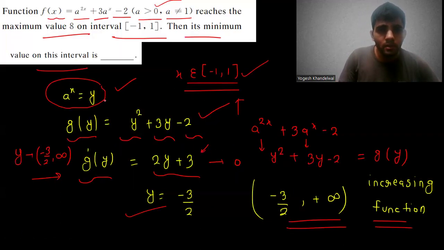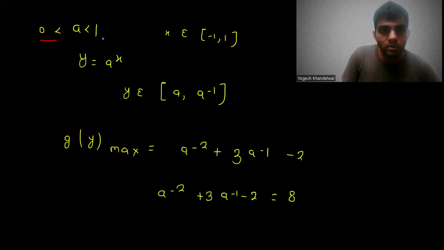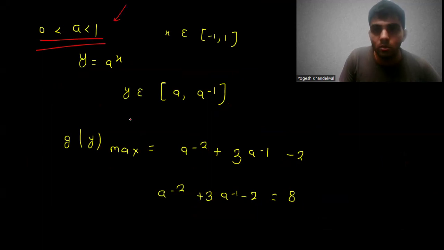Now a can take different values. The restriction is that a is greater than 0 and not equal to 1, so there are two possibilities. First, when a belongs to the range 0 to 1 and x is in the range minus 1 to 1. Initially we defined y is equal to a raised to power x.